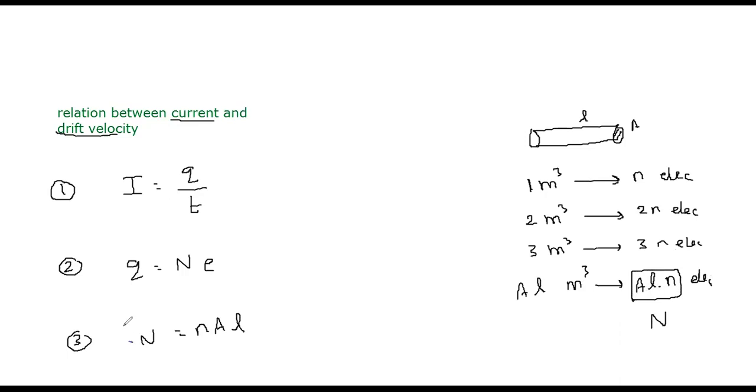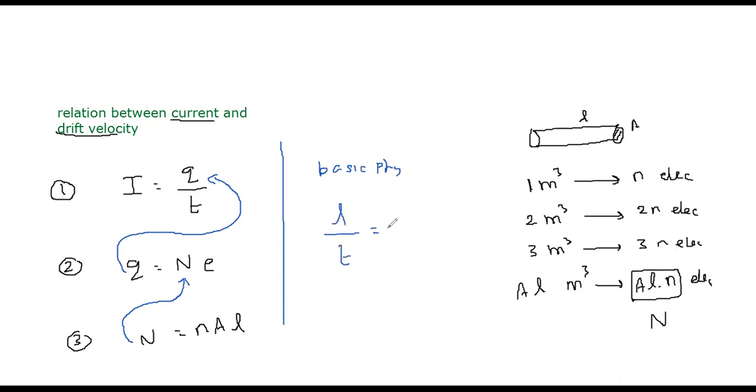Now substitute the third equation, second equation, get Q. Substitute Q in 1, find I. Then in the last step, what is the basic physics we have to apply? Length by time, and length by time is a velocity. Try it.